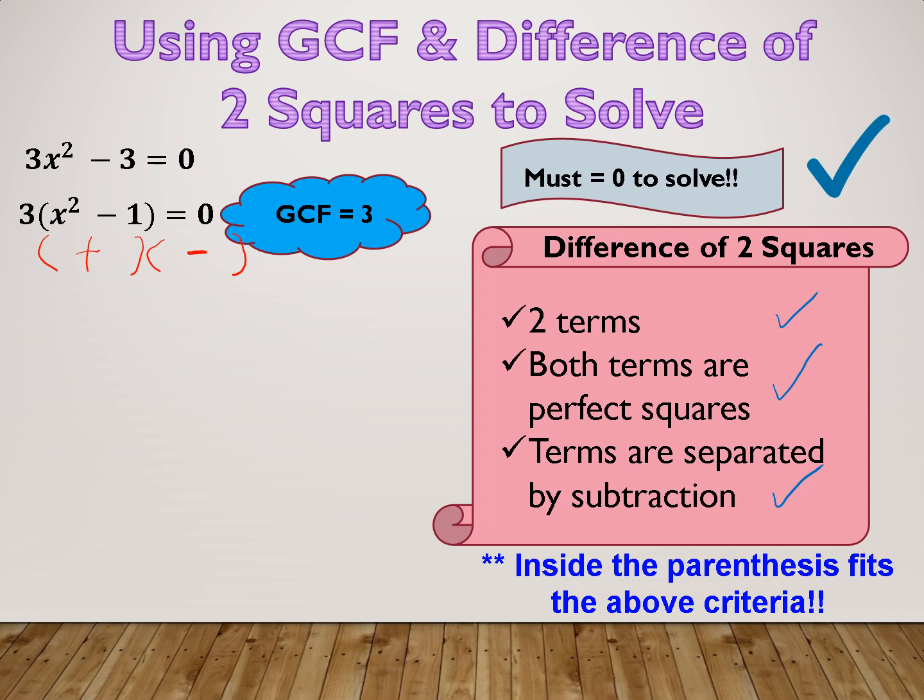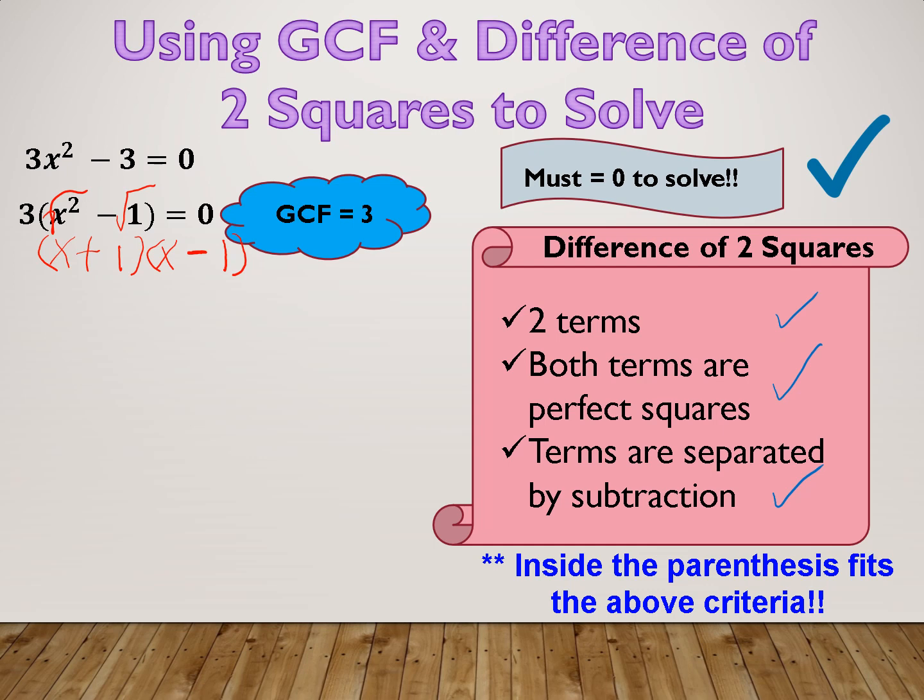Now, to figure out what goes in the first spot of each parentheses, you take the square root. So that's x and x, because the square root of x squared is x, and that becomes the first term of your parentheses. You then take the square root of the second term. Well, that's 1. Don't include the minus, just the number. So that's 1, and that's 1.